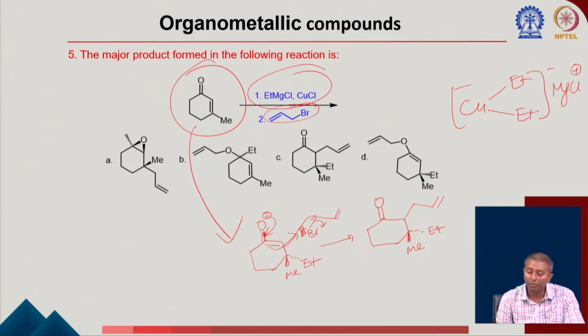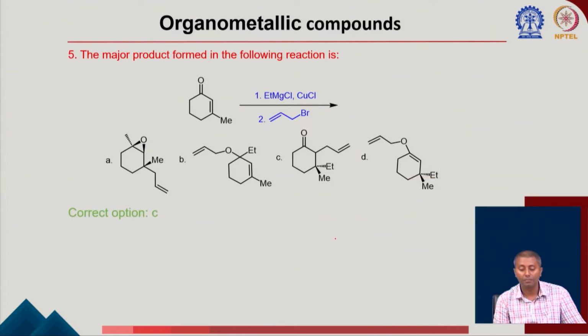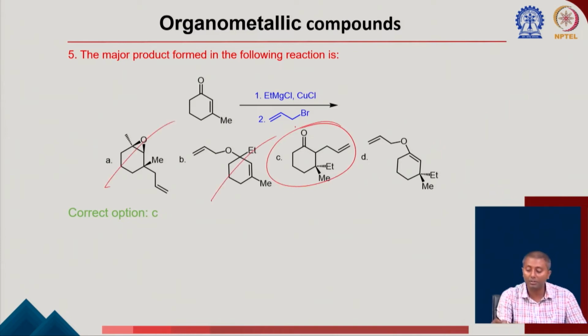Again you can see there are several variations of this type of reaction where different types of electrophile can be trapped in this position. So first is the conjugate addition, then it is trapping with the corresponding electrophile. So again this is the correct option here. The other options don't match with the product.